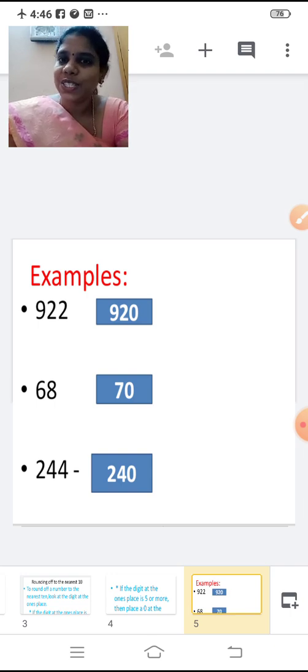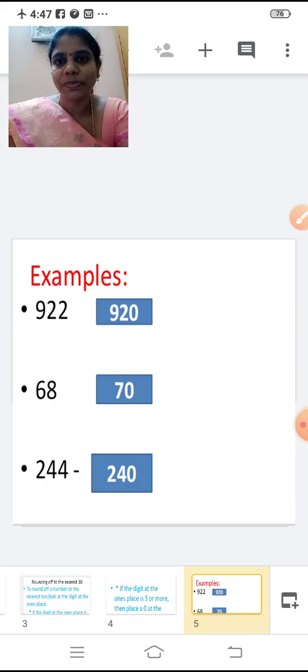Place 0 at the ones place and the tens place will remain as it is, right? So what digit we are having in the tens place? 2. That will not change. So 2 and hundreds place 9. So 922 is rounded off to 920.